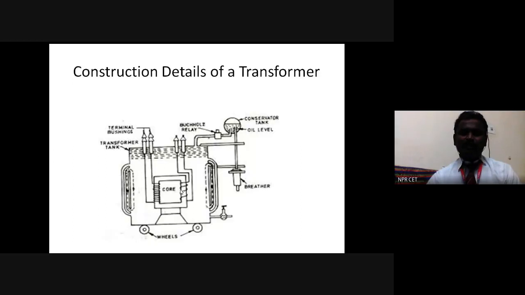So there are two purposes of transformer oil: one is as a cooling medium and the other is to prevent short circuit between windings and the transformer tank. So the whole arrangement of the transformer is immersed in the transformer oil, and also placed inside the transformer tank.